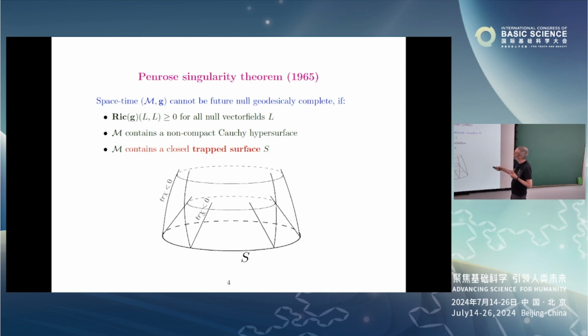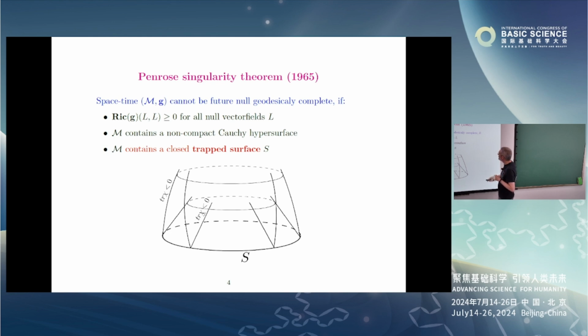What he shows is that under these 3 conditions, which I'm going to state, the spacetime cannot be future geodesically complete, null geodesically complete. In other words, some null geodesics cannot exist forever, which is the sign that something goes bad, but it doesn't really tell you how bad it is. It doesn't tell you if the curvature blows up, or if the Lorentzian character breaks down. It's not clear what goes wrong, but certainly something goes wrong.